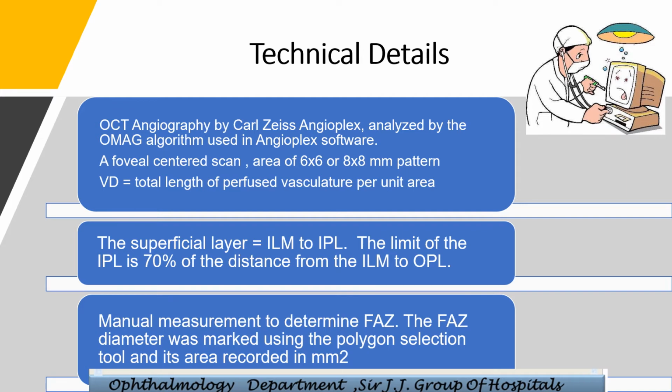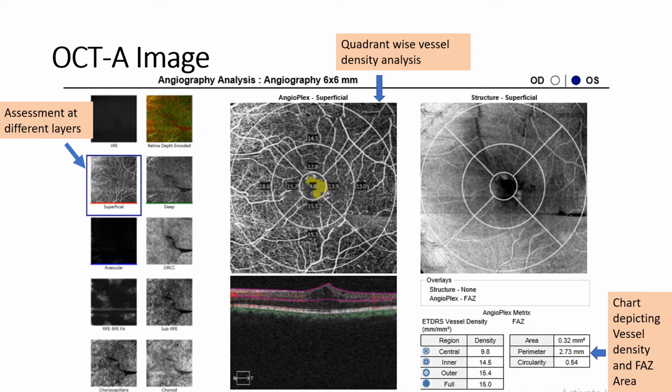The superficial layer was taken from the internal limiting membrane to the inner plexiform layer. The limit of the inner plexiform layer is taken as 70% of the distance from the internal limiting membrane to the outer plexiform layer. Manual measurement was done to determine the foveal avascular zone. The foveal avascular zone diameter was marked using the polygon selection tool, and its area was recorded in mm square.